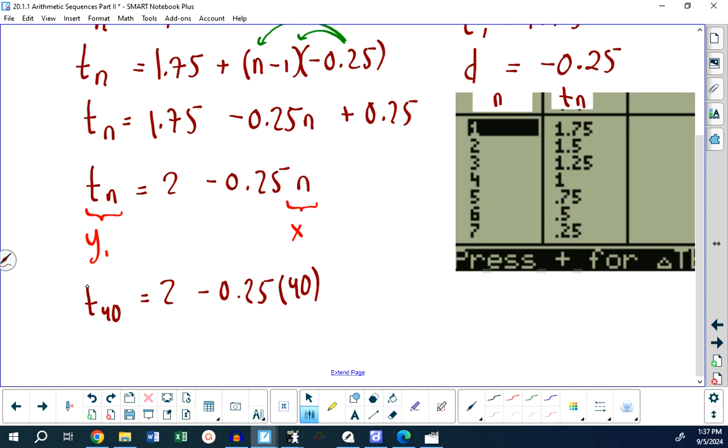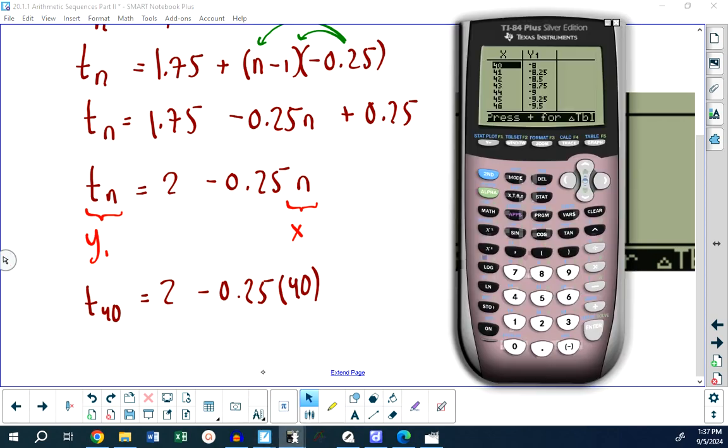Sorry, how do you get to the table? Second graph. Mine just throws error. Okay, so there are a number of problems you could have because you have errors. One of them is, I want you to check this first. Go to y equals. Does this happen to be highlighted at the top? Does plot 1 happen to be dark?